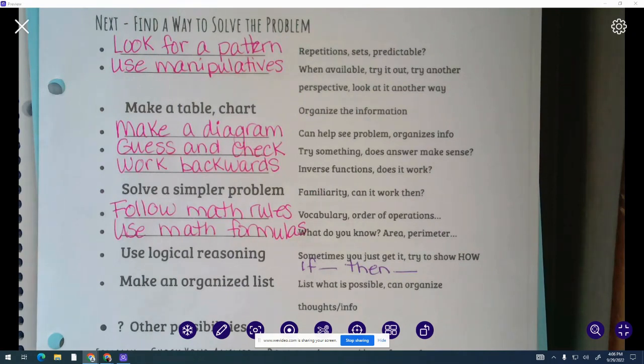Logical reasoning is something very interesting. We will be doing a lot of logic puzzles throughout this year because I really love them. I think it's a great way for the brain to understand consequence, right? So if it's raining and I go outside without a jacket, then I will get wet. If it's raining and I go outside with an umbrella and I remember to open my umbrella, I should stay drier. There's consequences.